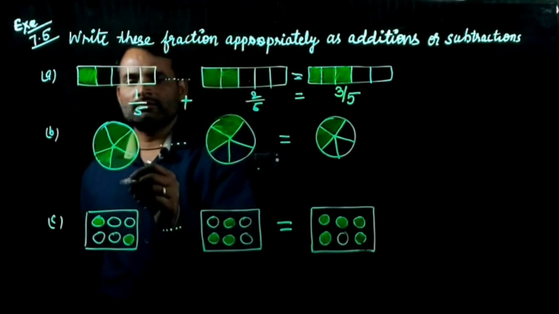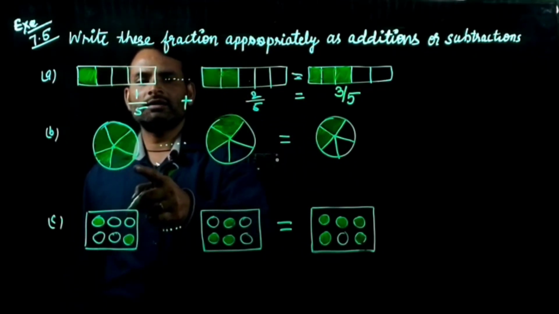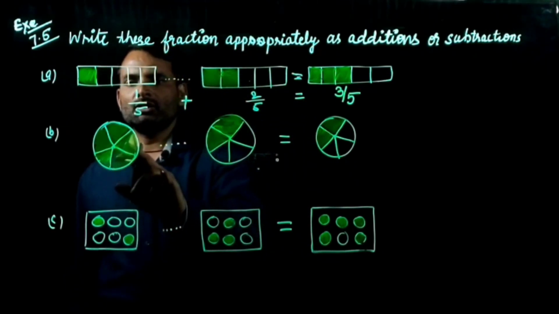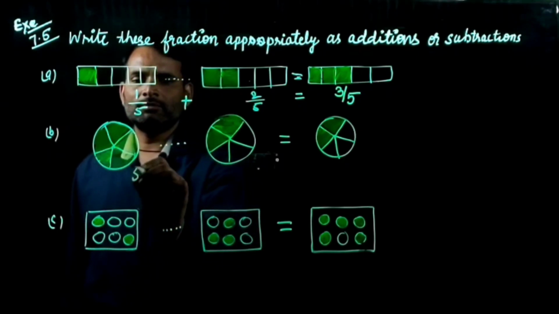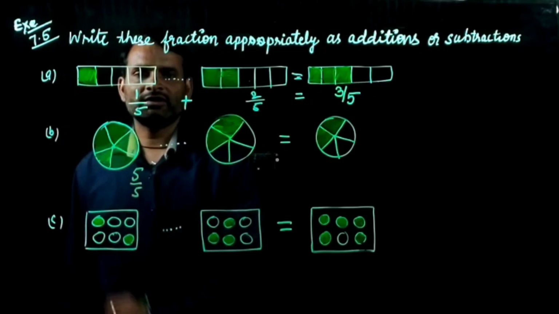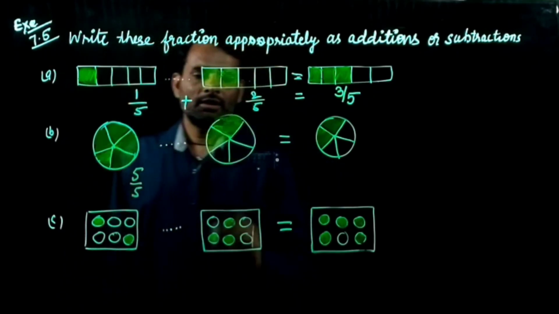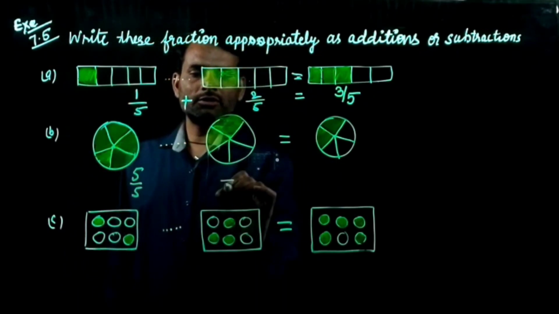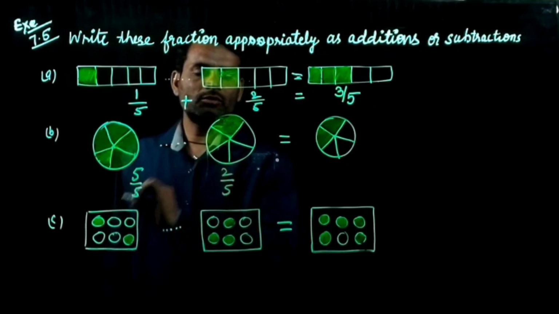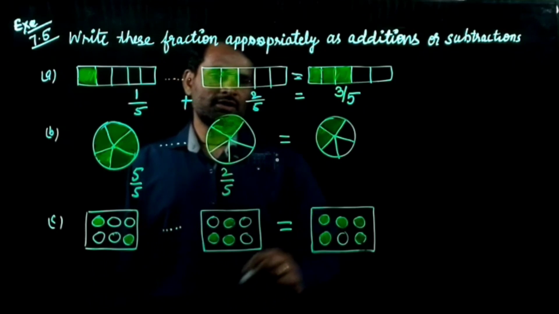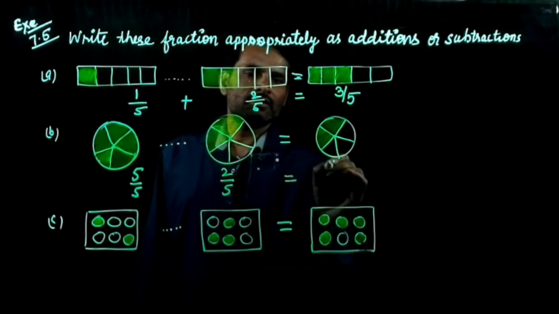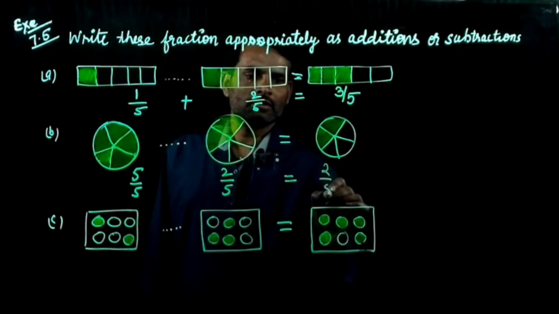Here, the second question in the bracket: total 5 parts, 1 2 3 4 5 equal parts, and all parts are filled, so the fraction is 5 upon 5. Here out of 5 only 2 are filled, and that is 2 upon 5.